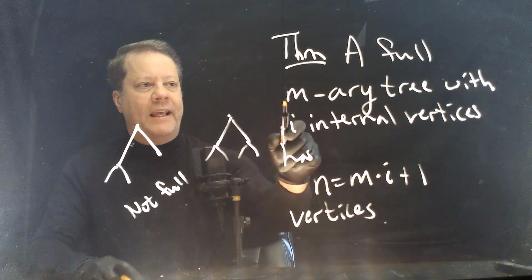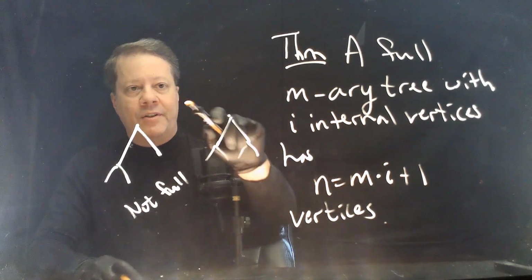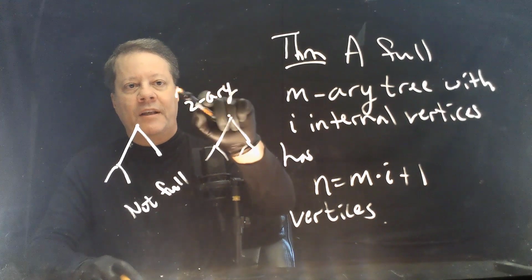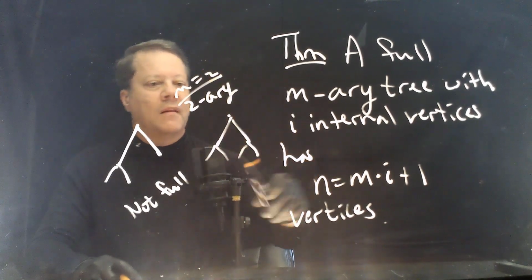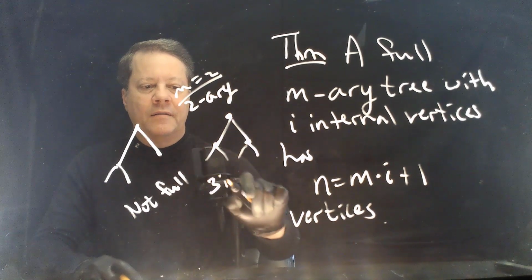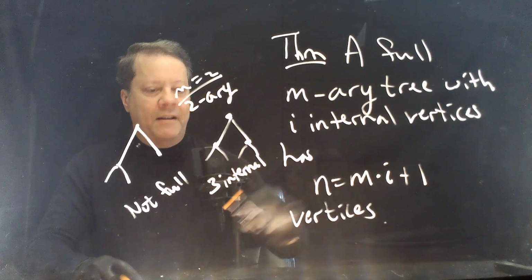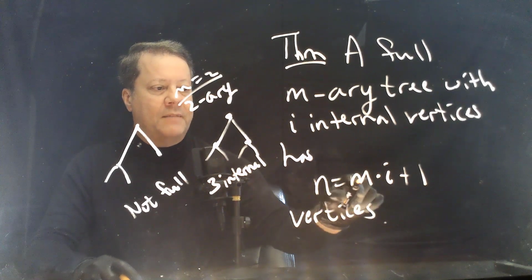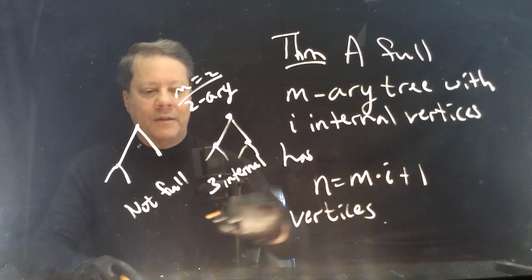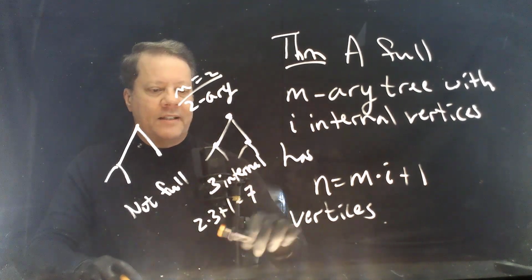In this case, how many internal vertices do you have? This is a two-ary tree, so m is 2. Internals, you have 1, 2, 3. If you take 2 times 3 plus 1, you'll get 7 vertices.